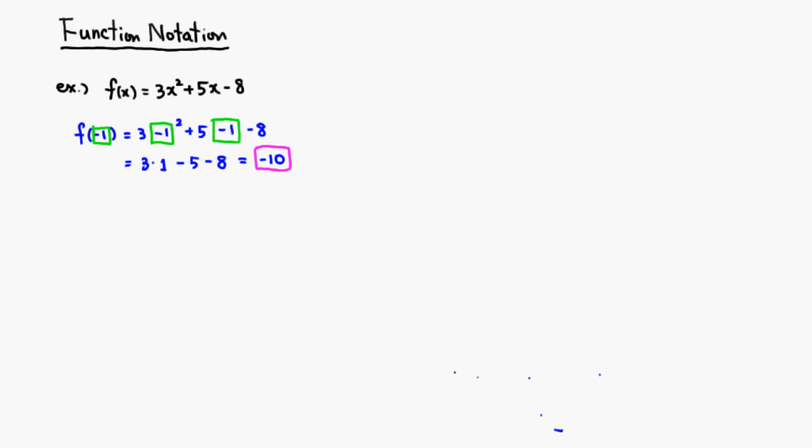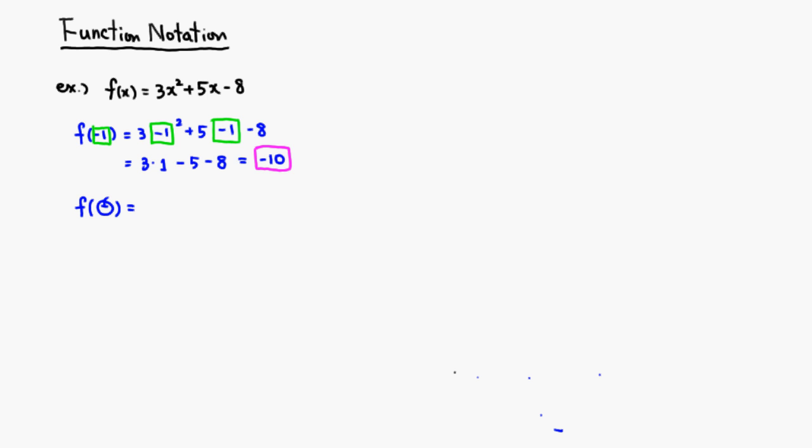Alright, so let's do another one. How about f of an apple? Following the notation, what does that mean? Same thing. Every time you see x, we put an apple in it.